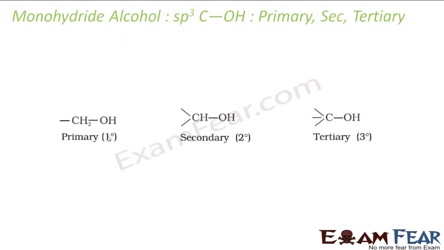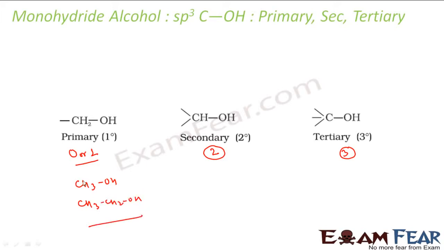As I told, we have discussed this. Primary means the carbon I am talking about is attached to 0 or one other carbon. Secondary means it is attached to 2 carbons. Tertiary means 3 carbons. So if you see, this is the carbon I am talking about, and maybe this is a hydrogen here. There are 2 possible combinations here: either CH3OH or CH3CH2OH.